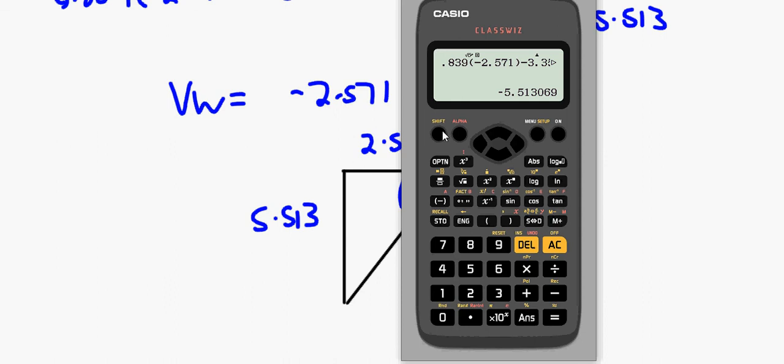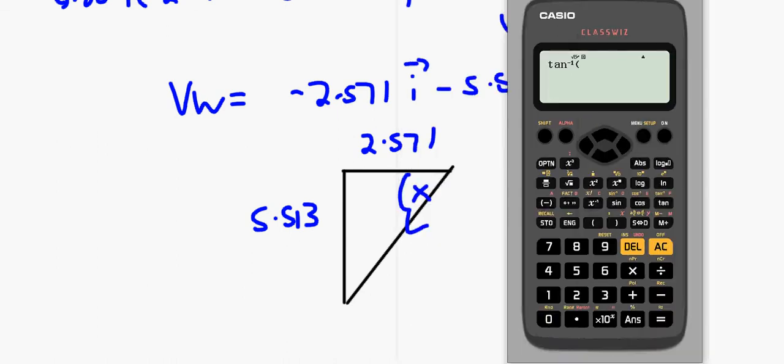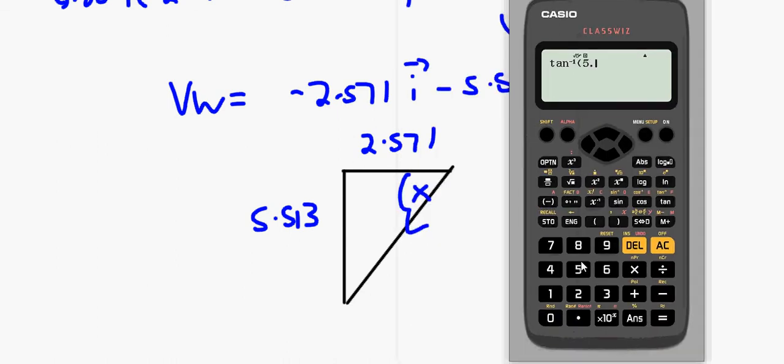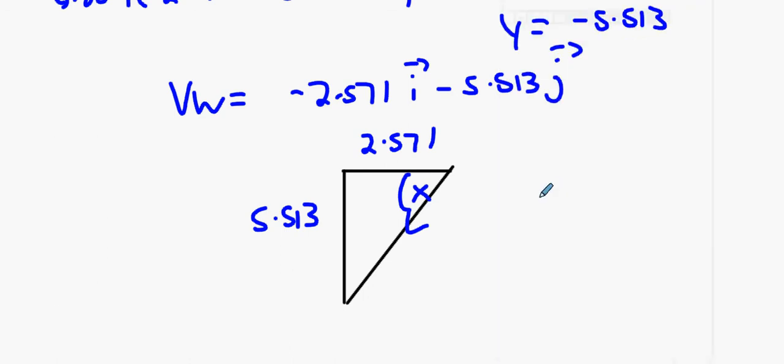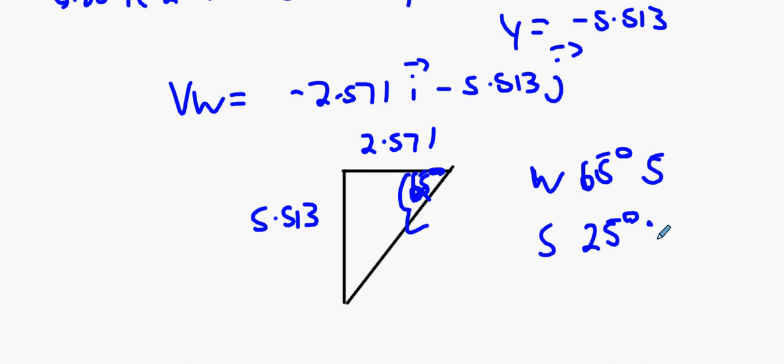Shift tan inverse 5.513 divided by 2.571, and we get an angle of 65 degrees. So this is 65 degrees, which is going to be west 65 degrees south, or south 25 degrees west.